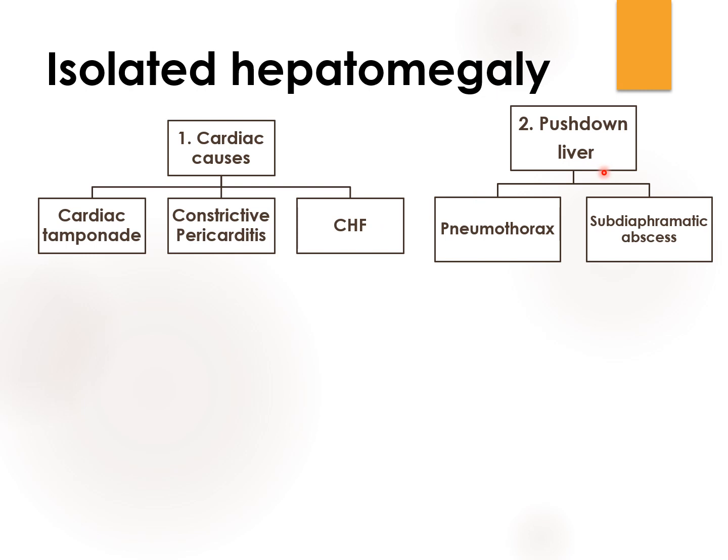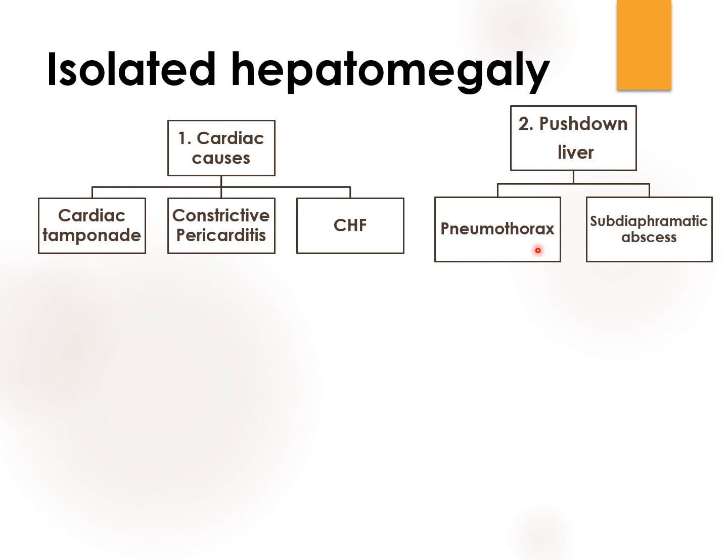Another is a pushed down liver, which is seen in pneumothorax, subdiaphragmatic abscess, or pleural effusion. So examine the respiratory system also for pneumothorax and pleural effusion. Maybe decreased air entry, the patient is having distress and a bulge on the same side of the chest.